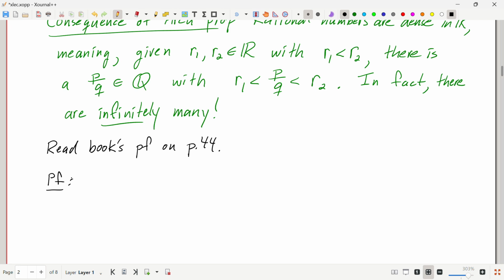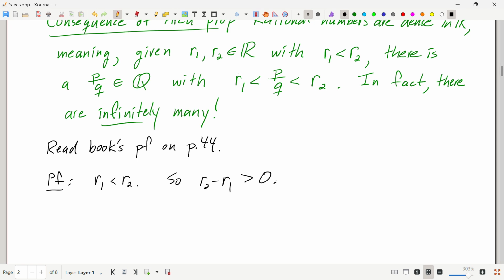Let's say we've got R1 less than R2, real numbers. Then R2 minus R1 is positive.